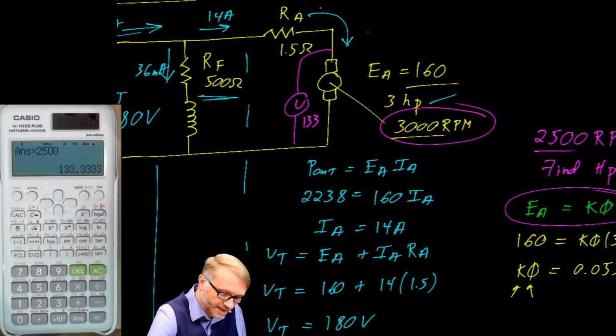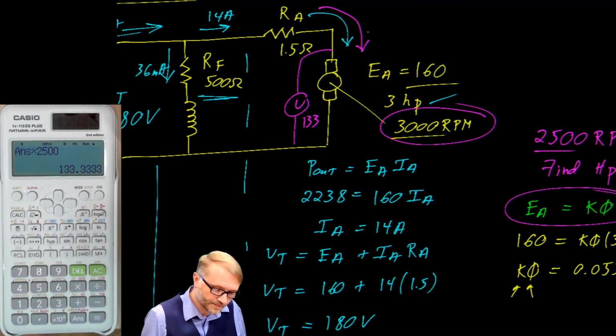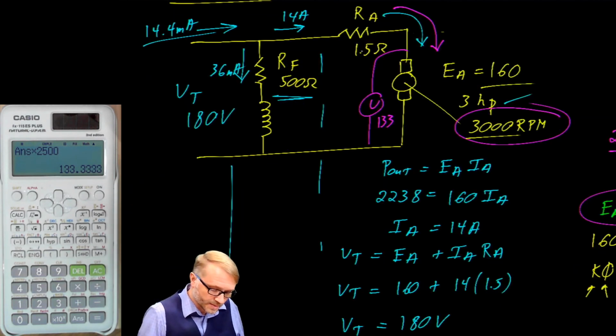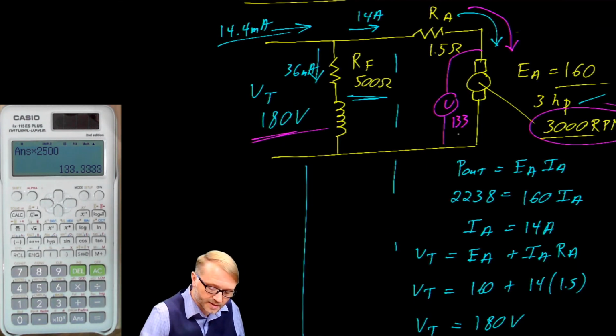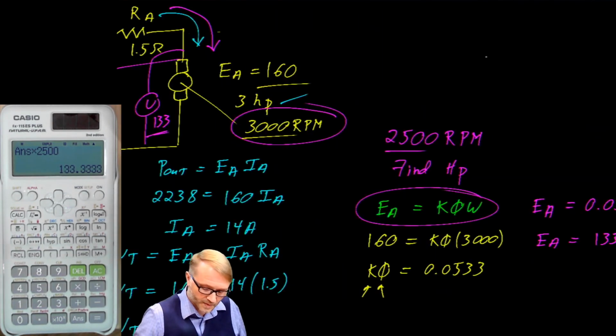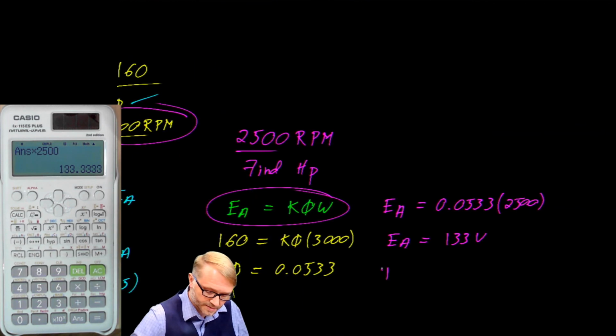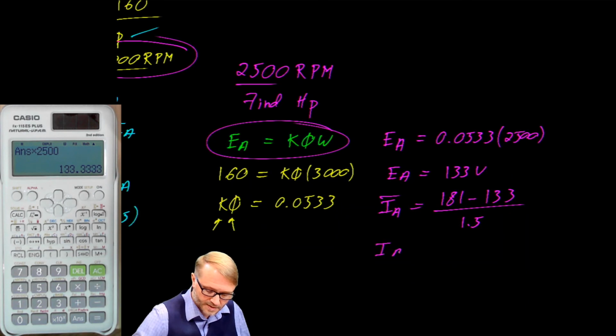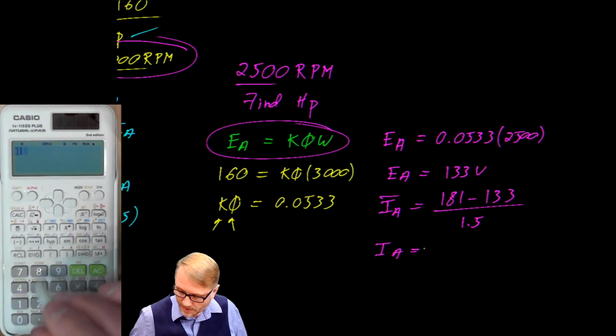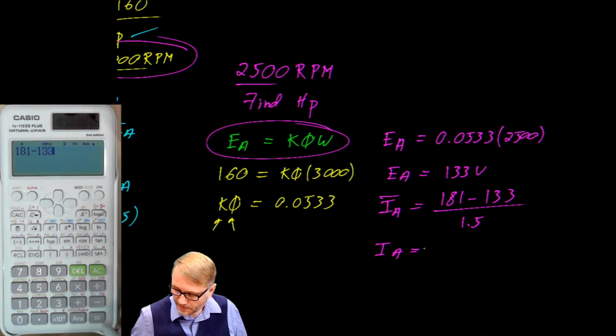Can you calculate the current? I think we can do that because we know that there's 180 volts here, there's 133 volts there, and there's 1.5 ohms. So our current, that's in the armature, is 180 minus 133 divided by 1.5 ohms.